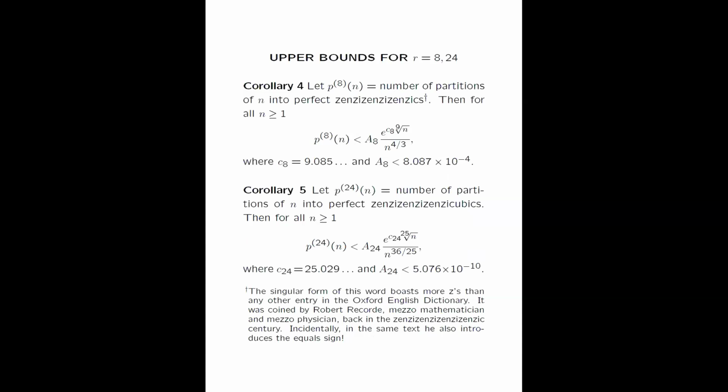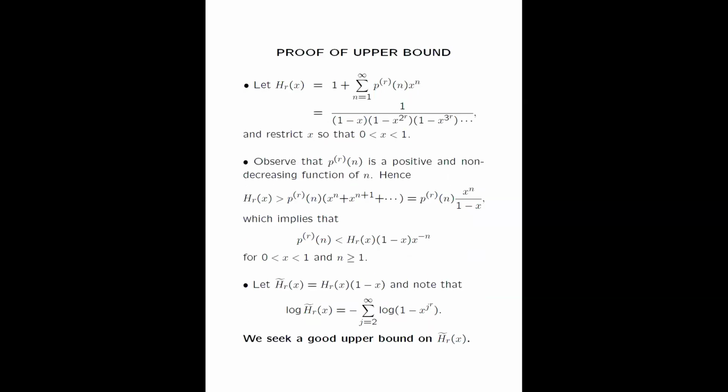Okay, let's look at the proof, because I want to convince you that it's simply calculus. We have the generating function for the partition function I'm interested in, because I want to do calculus. I'm restricting x to be a positive number less than 1.